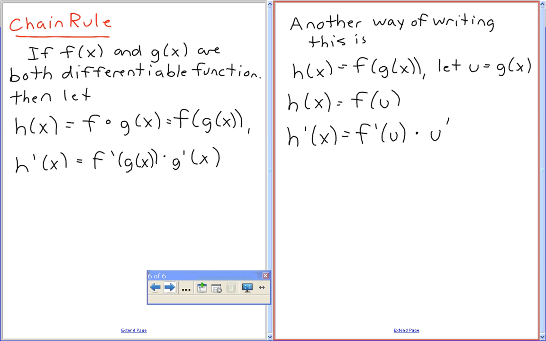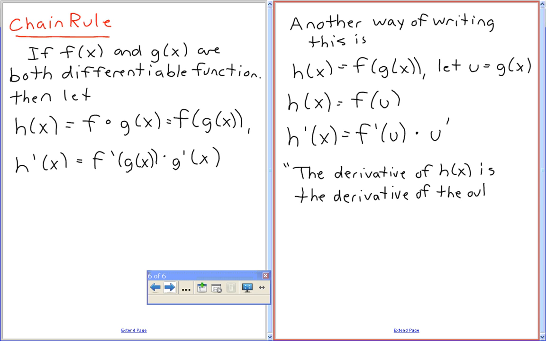If you want it in English, the derivative of h of x is the derivative of the other function times the derivative of the other function. What do you mean by other?